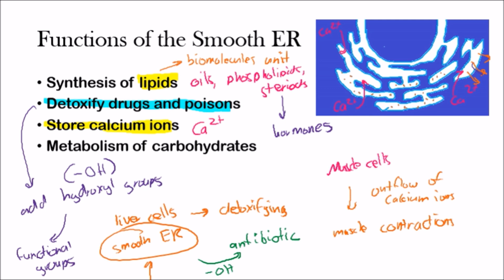Pretty interesting. Sometimes this outflow of calcium ions can actually make the cell do other things, which we will be talking about later when we talk about cell communication, which is basically how the cell uses things like calcium ions in order to make the cell do different things, which we'll be talking about later in the unit, but just keep that in the back of your head.